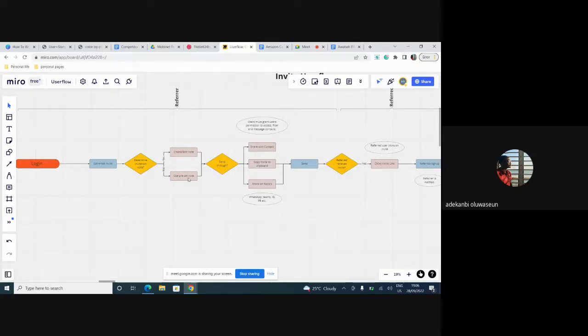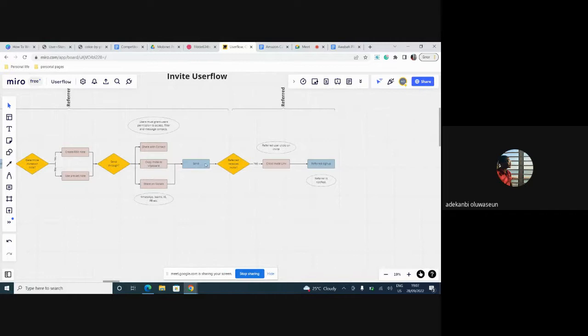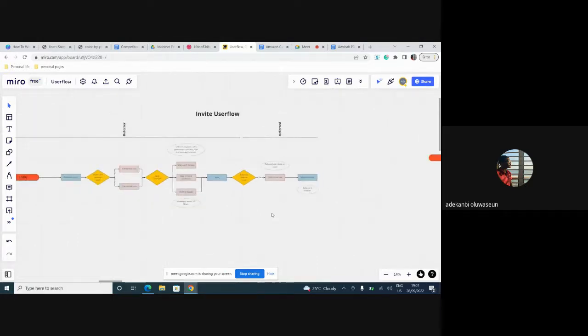If they don't want to write a note and they want to use a template, show them the templates. Then next step, how do they want to send it? Okay, send it to their contacts, or copy the invite link, or share it on socials. Once they do this, they click on send. Referral receives it. So that's the flow. So you're mapping out the flow. So everything here is talking about this particular feature, invite user flow.